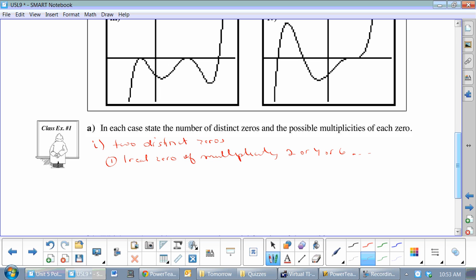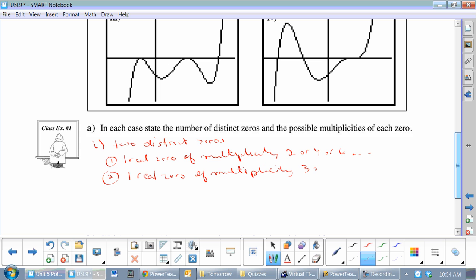Okay? At point 2, there is also 1 real zero of multiplicity... what's the multiplicity at point 2? Okay, you saw how I wrote the first one. What would the second one be?